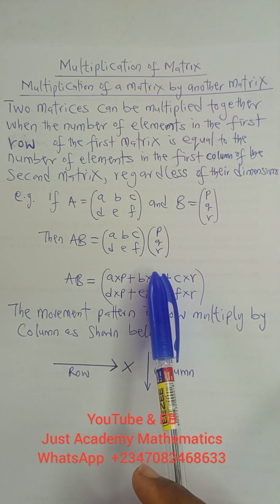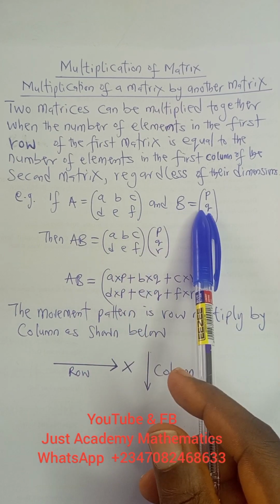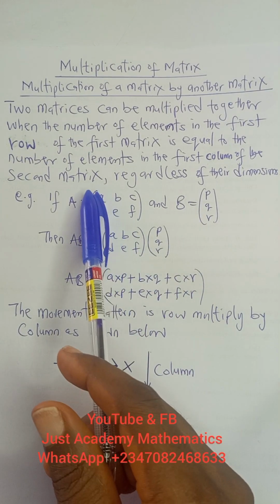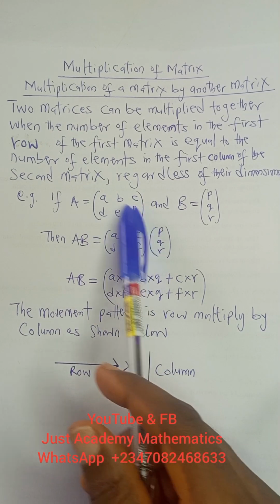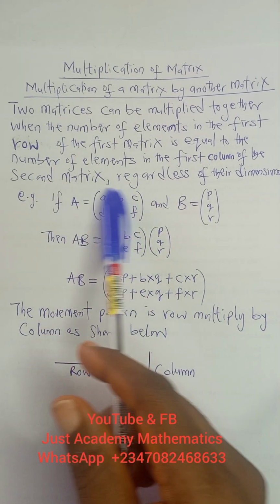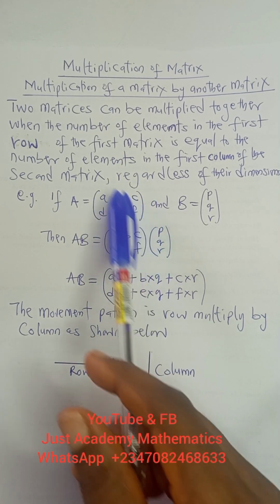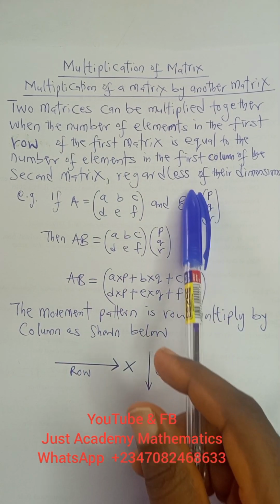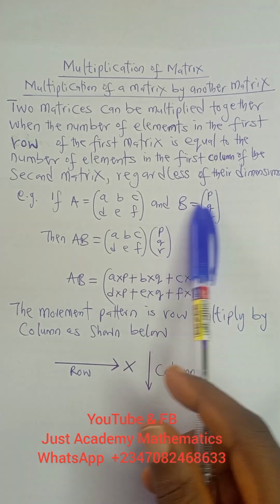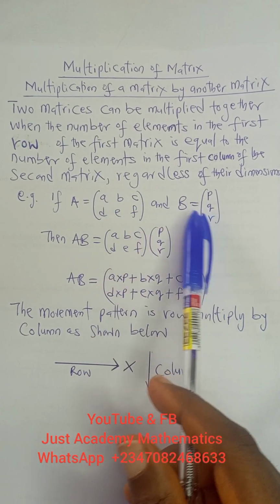Regardless of their dimension means, for instance, look at these 2 matrices. They don't have the same dimension. This matrix is called a 2 by 3 matrix. Why? This is 2 rows and this is 3 columns. While this is 3 rows and 1 column, a 3 by 1 matrix. The dimension is not the same.